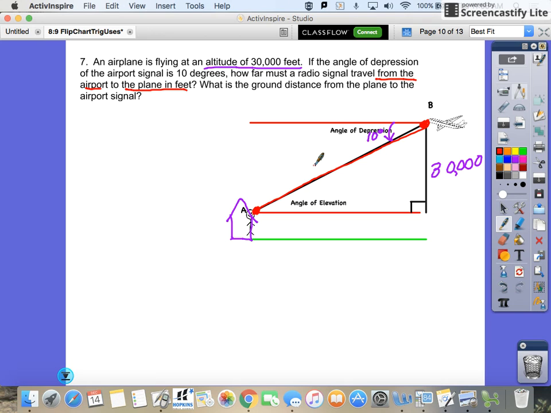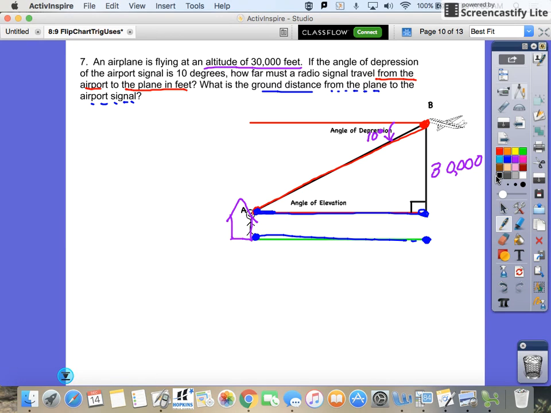This is the first one that they're looking for, this side right here. Second, it says, what is the ground distance from the plane to the airport signal? So the ground distance means basically how far away are they? Not straight line, because you can't walk this, but from where the plane is to where the radio tower is, what's that distance? Which essentially is this right here.